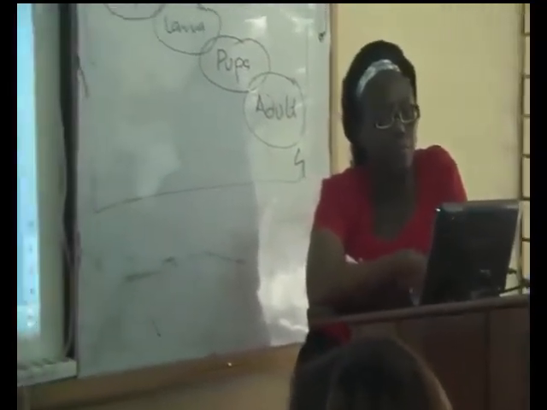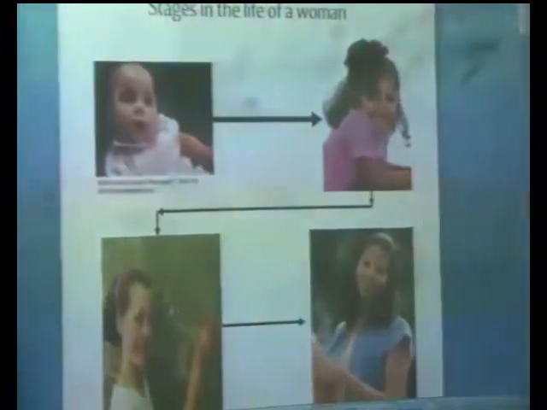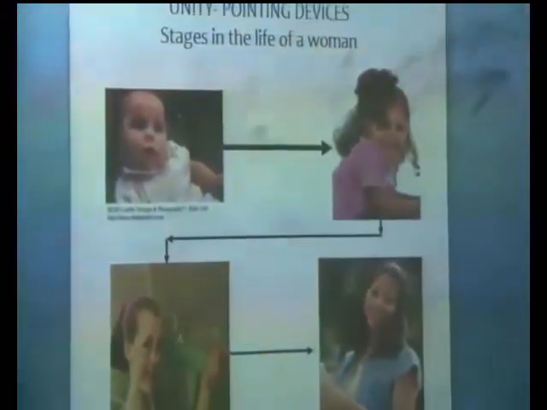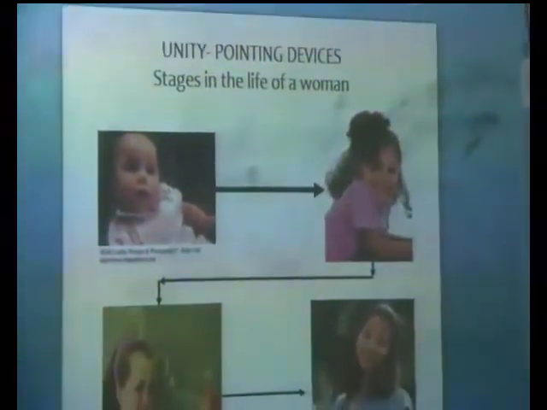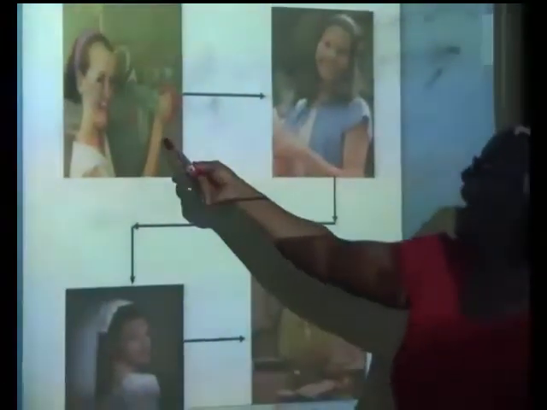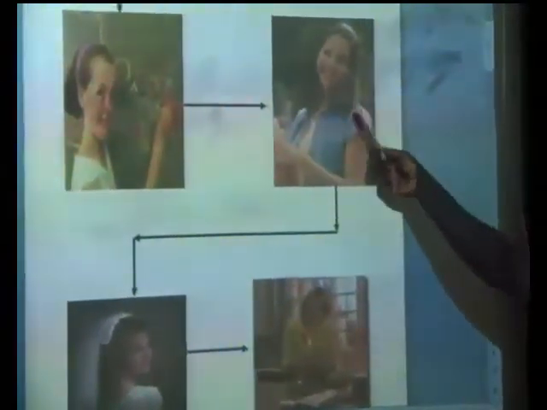Okay. Now this is another example of unity. You can see the pointing devices, stages in the life of a woman. Okay? From baby to toddler to what? No, girl. To girl. To lady.